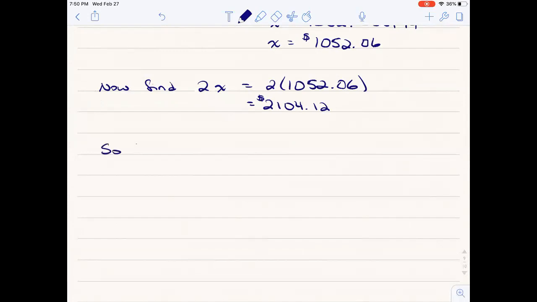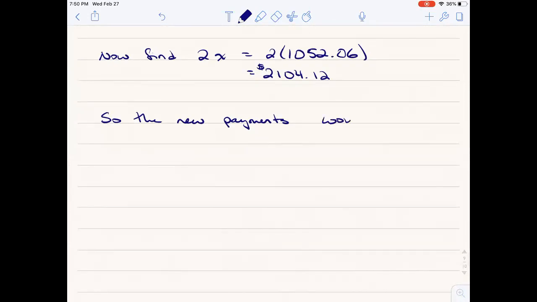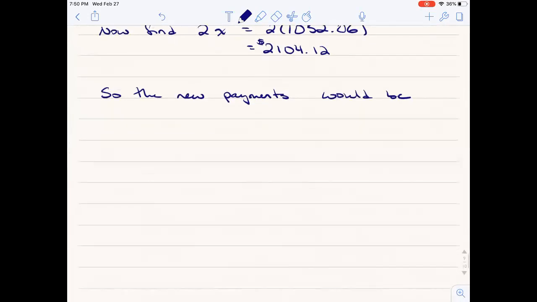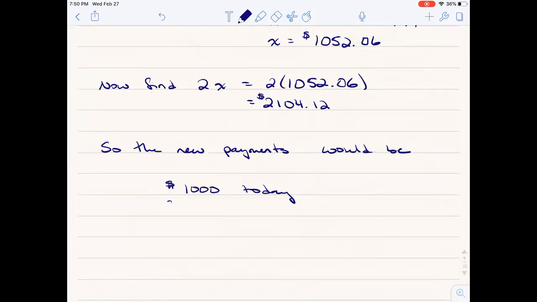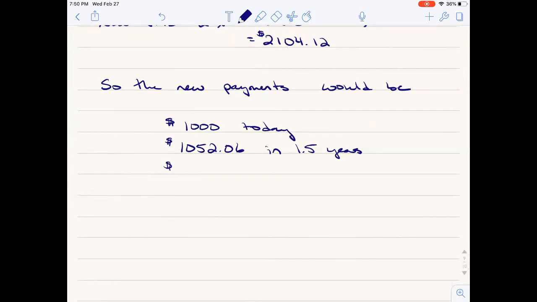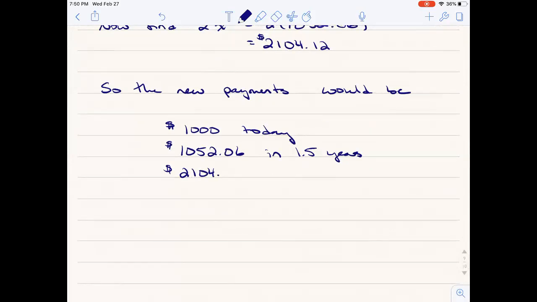So the new payments would be $1,000 today. It wasn't asking for that, but I figure I'll just throw it in there. It would be 1,052.06 in 1.5 years, and 2104.12 in 3 years.